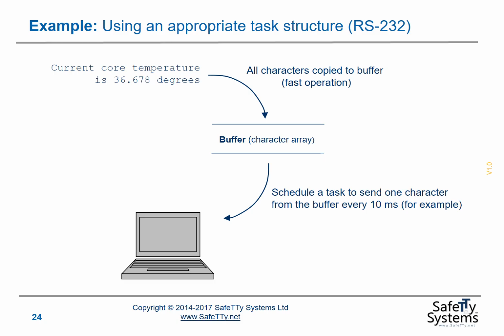We talked very early in this course about data structures that will allow us, for example, to send long streams of data between an embedded board and the outside world. So we said that the basic architecture we would probably use in this situation would be to copy all of the data that we want to send to a software or hardware buffer, and then to schedule a task to take one element from this buffer and pass it to the receiver, for example, every 10 milliseconds.